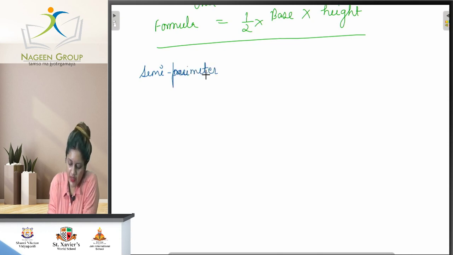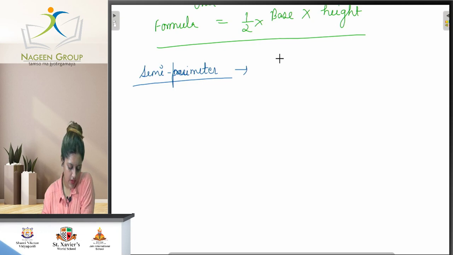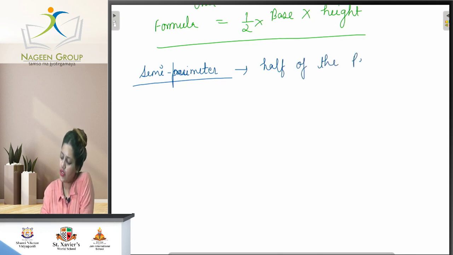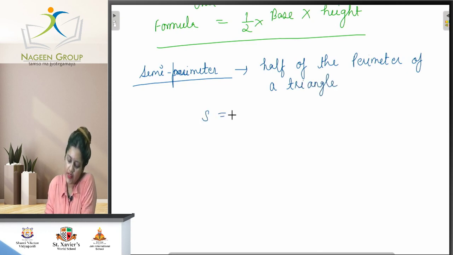Next is semi perimeter. The semi perimeter of a triangle is half of the perimeter of a triangle, that is S is equal to (A plus B plus C) by 2.